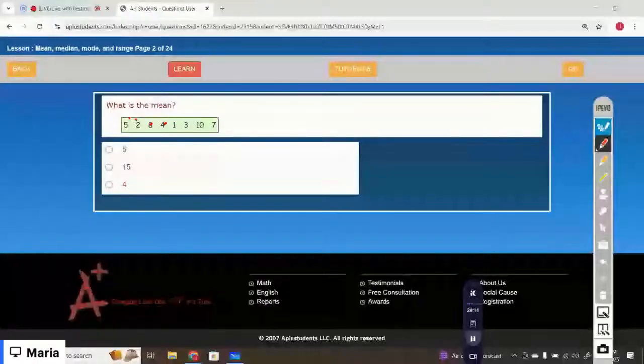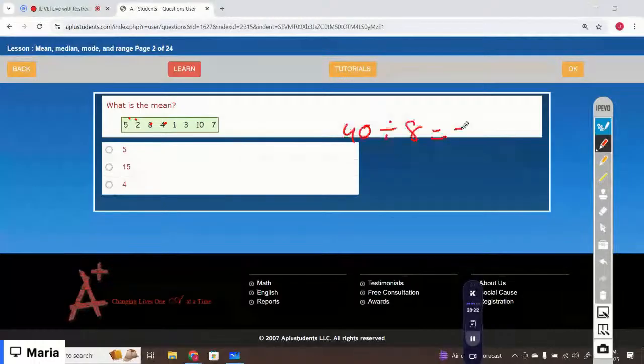So the sum is roughly 40. 40 divided by 8 is 5, because there are 8 numbers. The sum is 40, 40 divided by 8 equals 5. Option number one is the correct option.